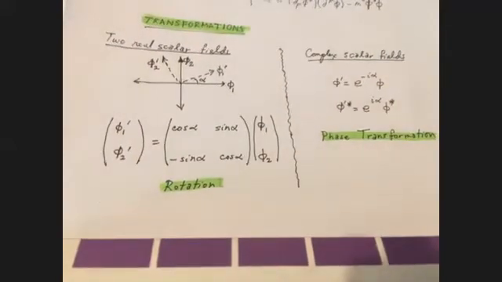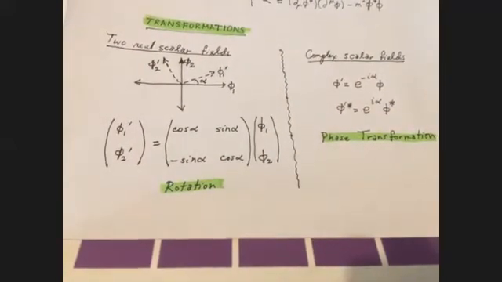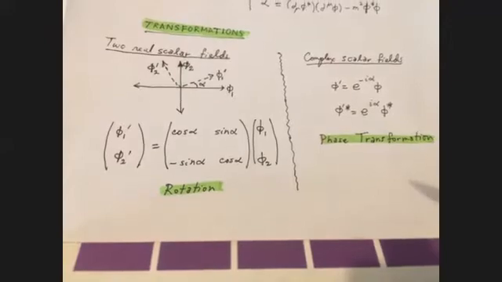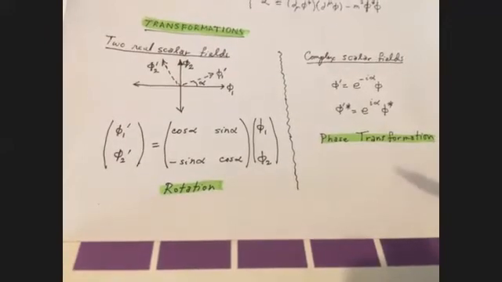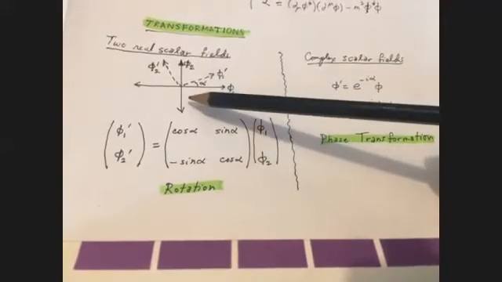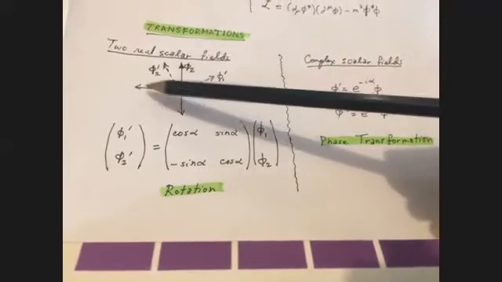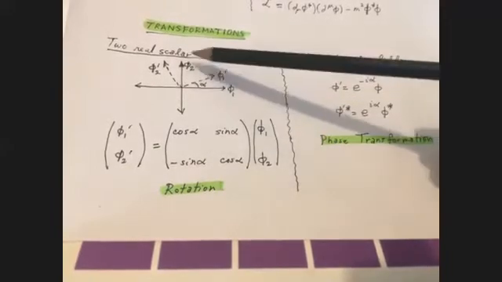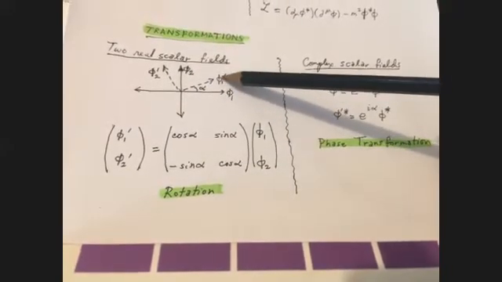So we can talk about the transformations, and whatever transformation we do to the real scalar fields, like this figure, we have phi 1 and then phi 2, and then we can rotate it by an angle alpha.